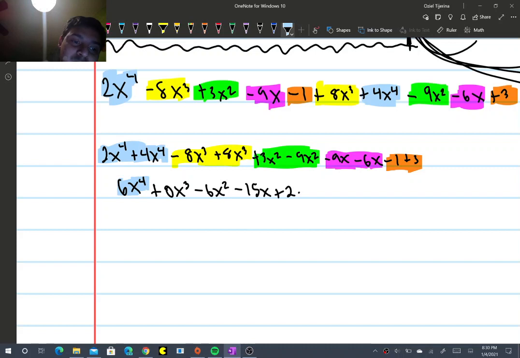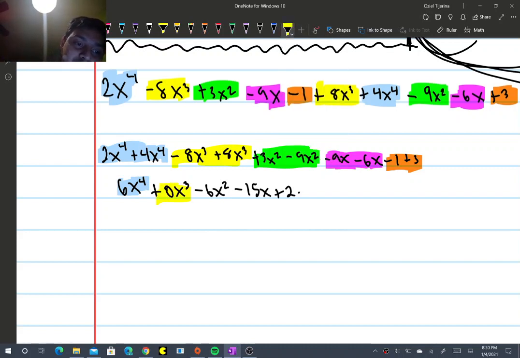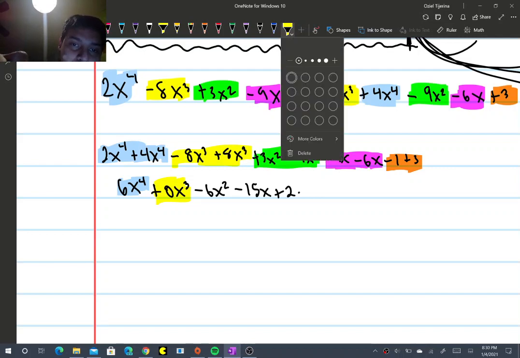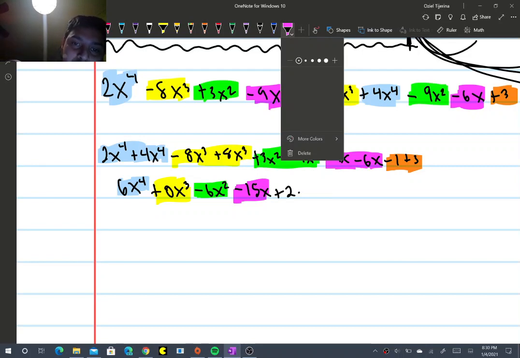So I have a 6x to the 4th, a 0x cubed, and I have a negative 6x squared, so this one right here, and then a negative 15x, which is here, and then a positive 2, which would be the orange part.